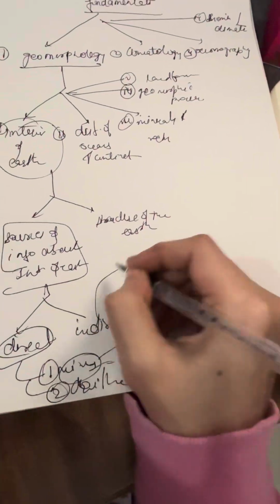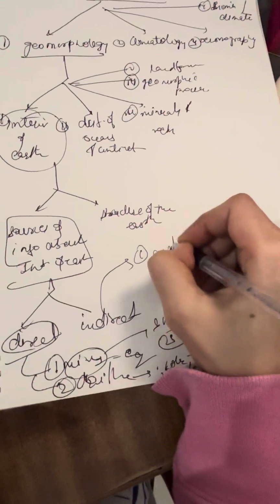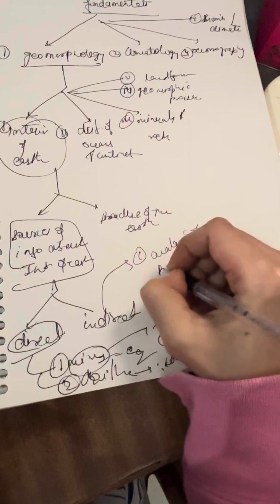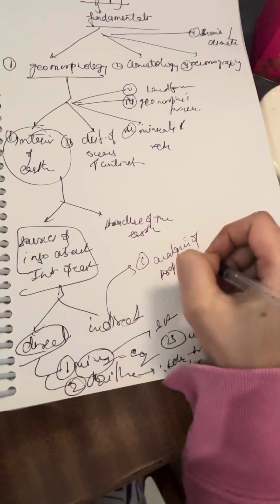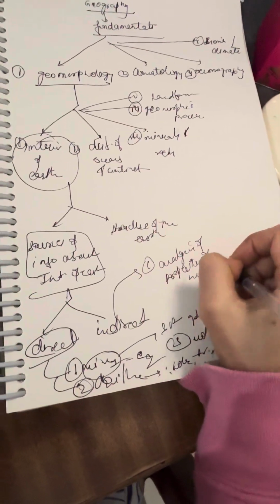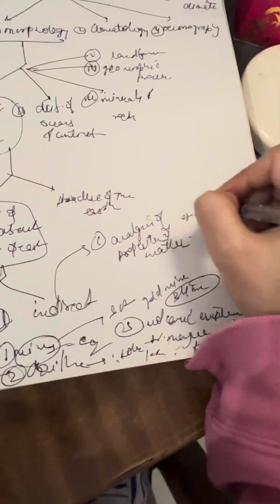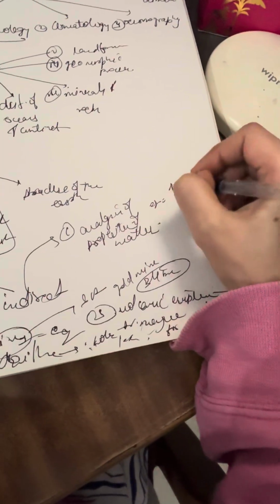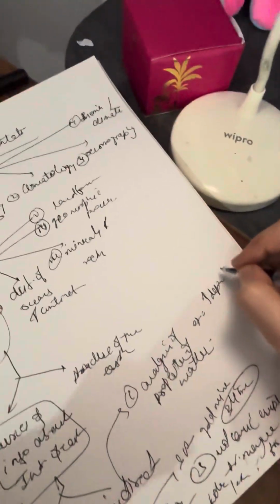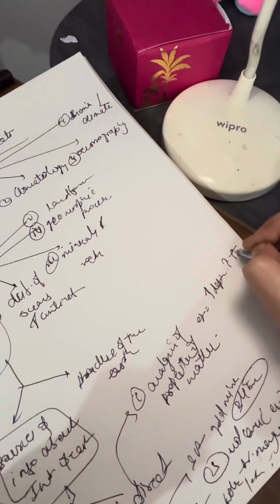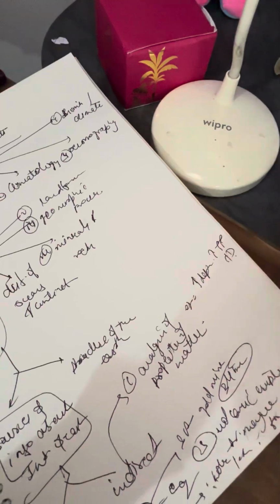And then indirect sources, first thing is analysis of properties of matter that we found through direct sources. For example, we know that with increase in depth, there is increase in temperature, increase in pressure, and increase in density.